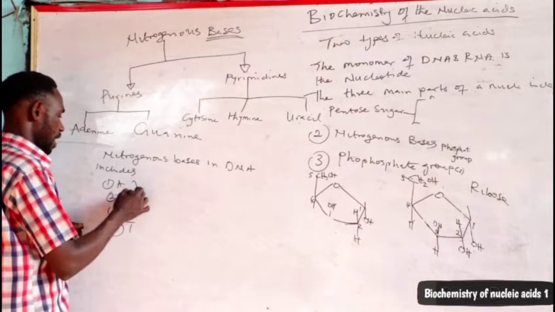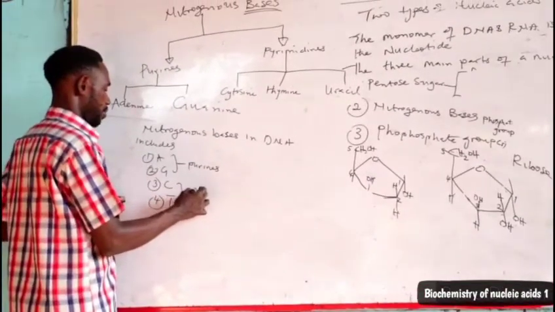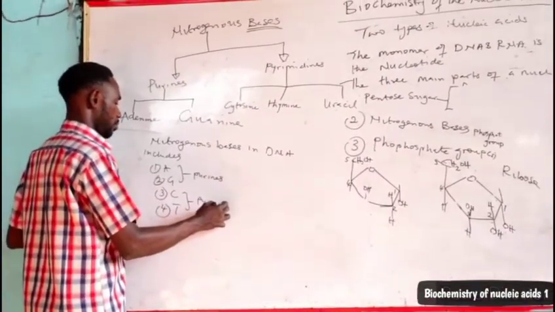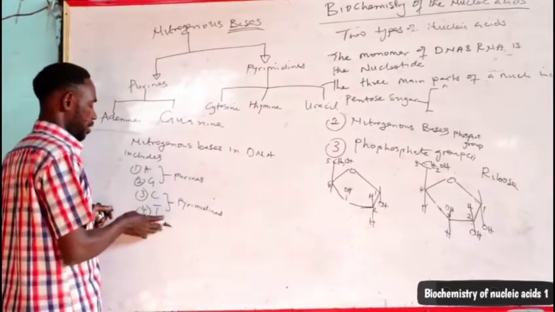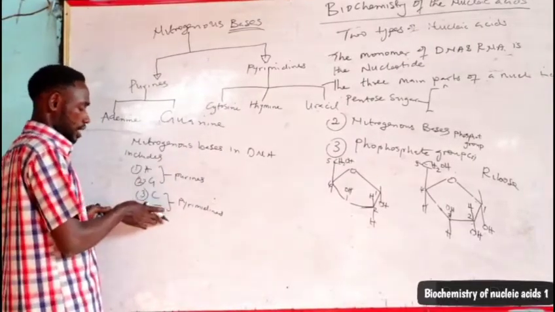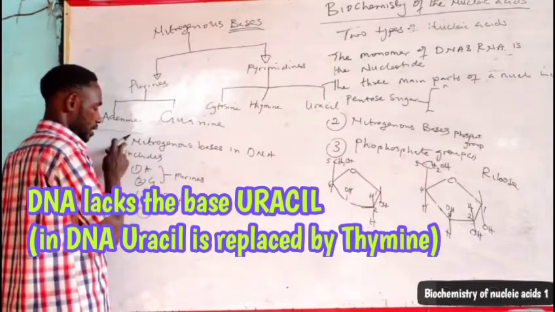Simple. These are the purines and these are the pyrimidines. We have 3 pyrimidines, but out of the 3, only 2 are present. So it means that uracil is absent in DNA.